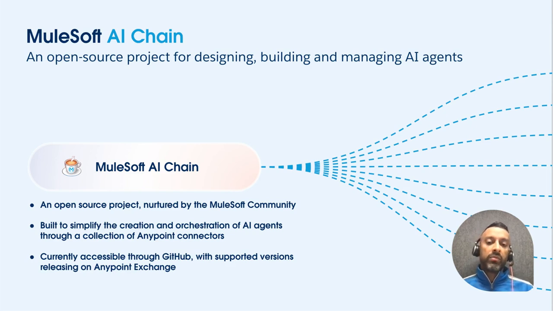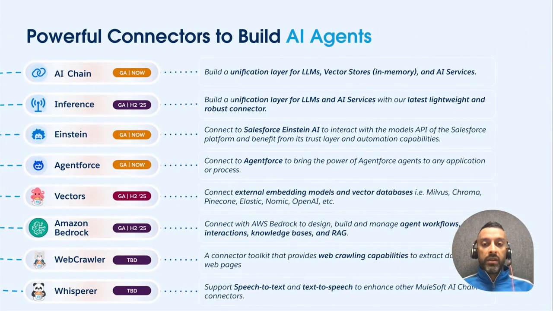All the aspects of the lifecycle are governed through MuleSoft, and this is provided in an open source GitHub org. All those connectors are listed to be certified at some point by the MuleSoft product teams. Currently, we have in total 8 connectors. So there are 3 already certified, which is the AI Chain connector.